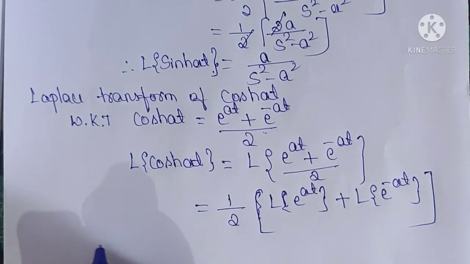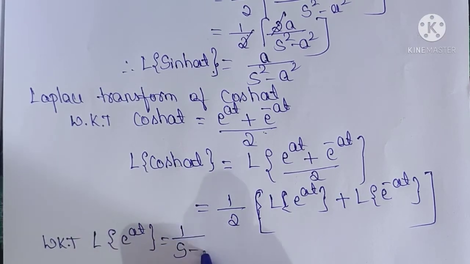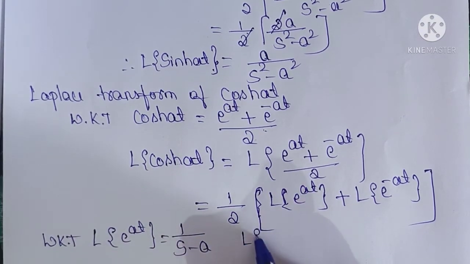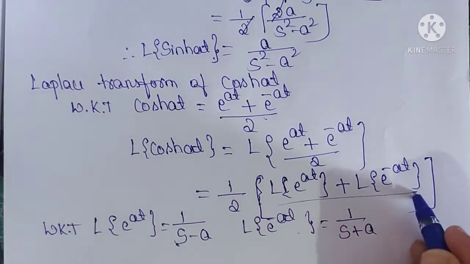We know that L of e^(at) is 1 divided by (s minus a) and L of e^(-at) is 1 divided by (s plus a). Now substitute these two values.